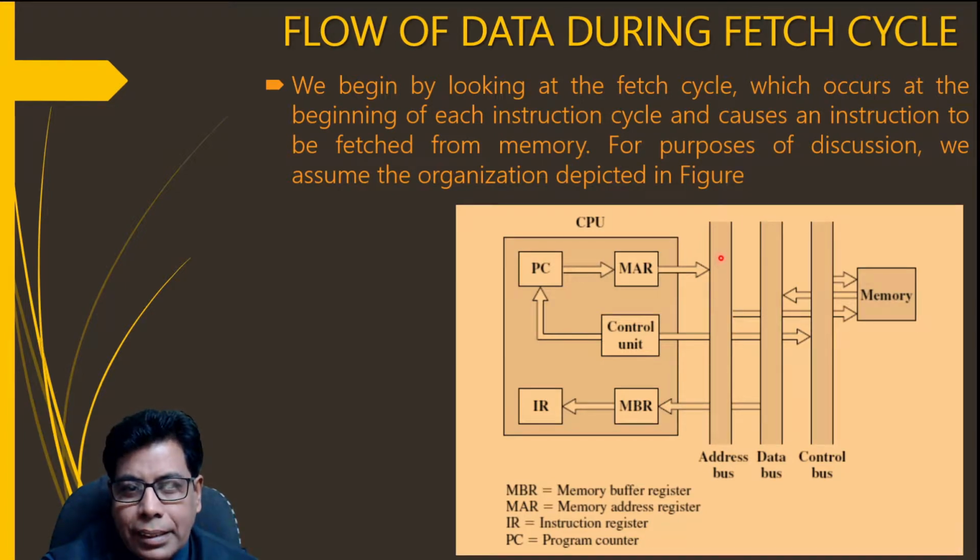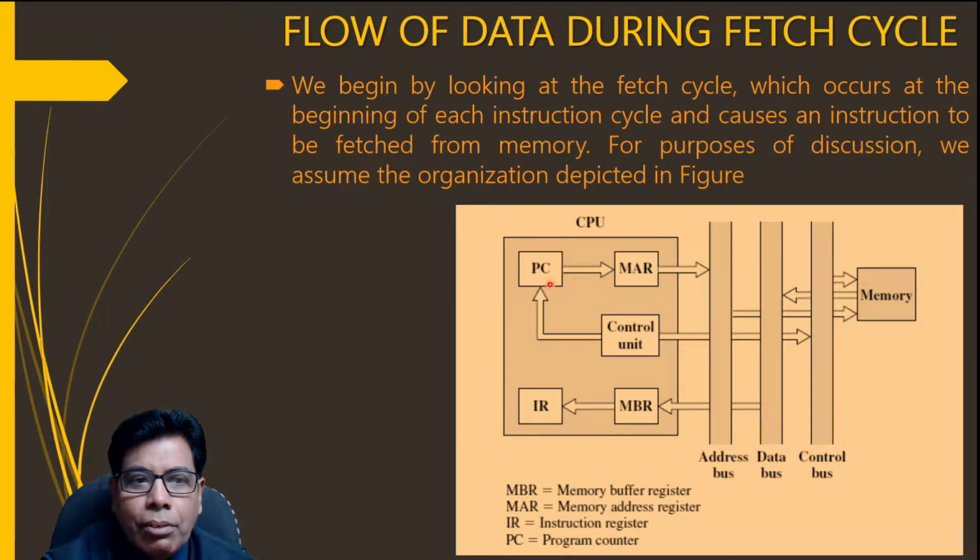Then we have the memory buffer register. This memory buffer register, or MBR, is connected to the data bus. It contains the value to be stored in memory or the last value read from the memory. So it will have the data.